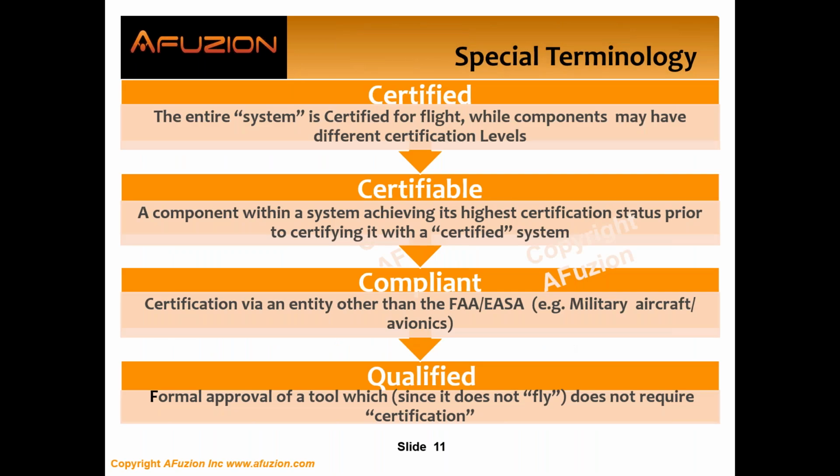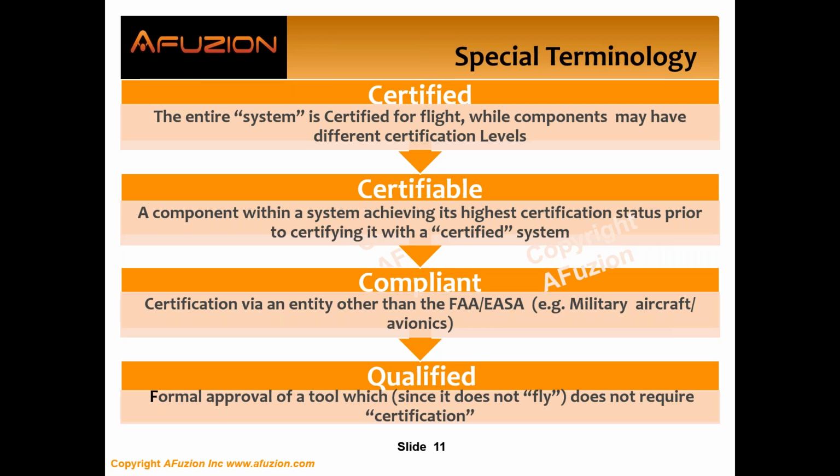Now, we have some special terminology. We need to be very cognizant of this for military projects. Certified is what we do for an aircraft or system within that aircraft on a civil basis.